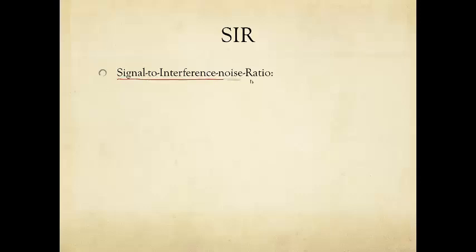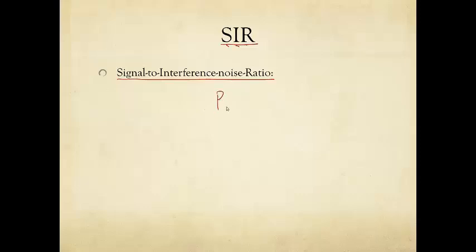And the way we capture this ratio is through the so-called SIR, signal to interference plus noise ratio. Now, what is the signal? I'm not talking about the signal power at the transmitter side. I'm talking about the signal power at the receiver side.